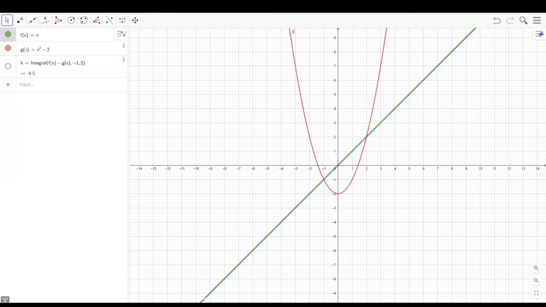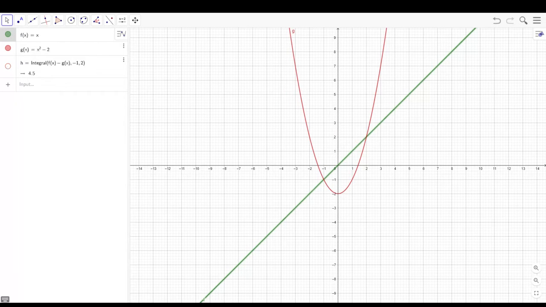GeoGebra can do integration. If I define h to be the integral between these two functions, between x and x squared minus 2, from x equals -1 to x equals 2, then it gives you an answer.